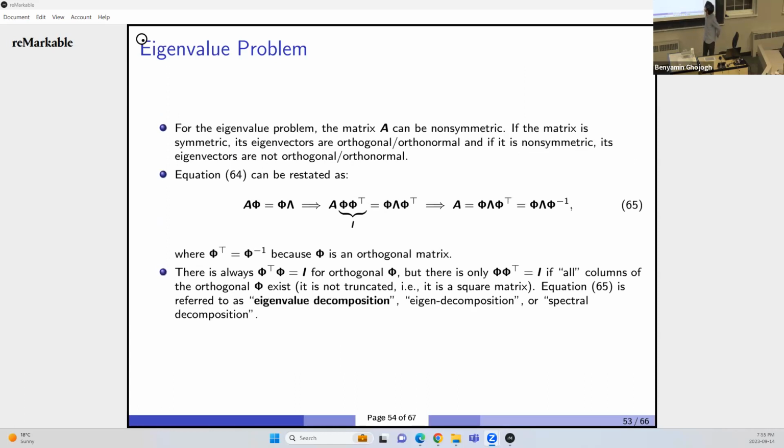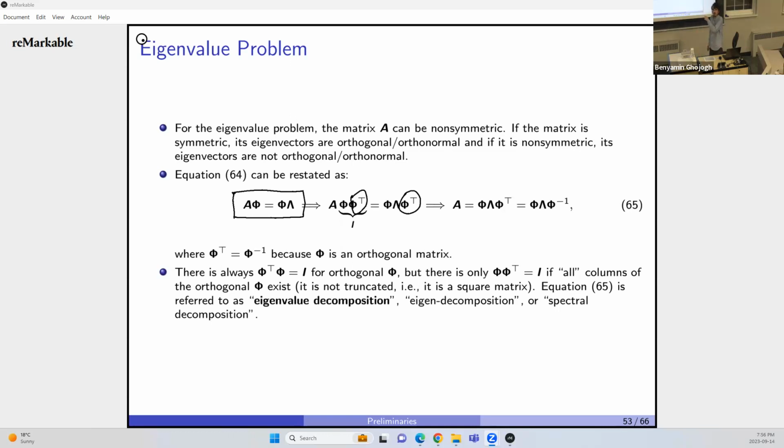So now this was the eigenvalue problem, right? Now right multiply both sides of the equation by phi transpose, because when you have matrix multiplication, it's important whether you are left multiplying or right multiplying. We know that phi, by definition, is an orthogonal matrix because eigenvectors are orthonormal.